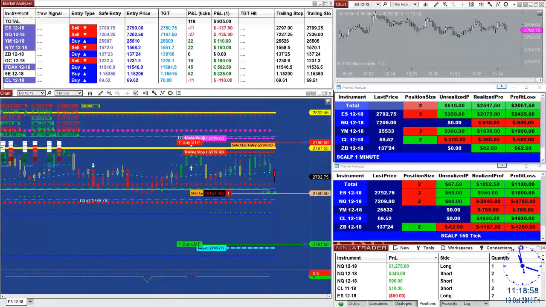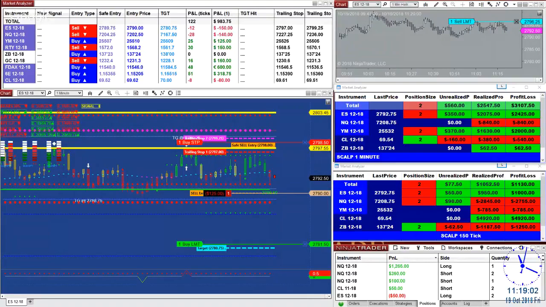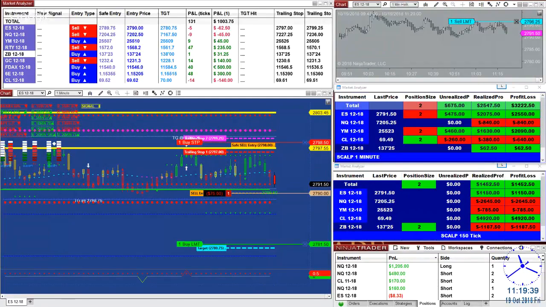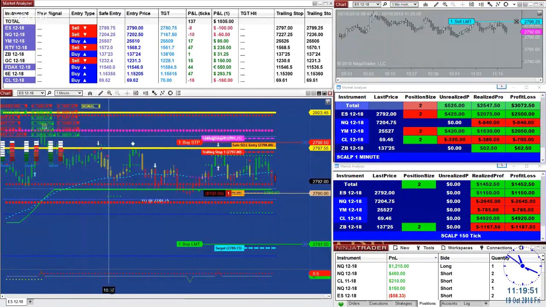Seems like the market is moving. The minute we break that area here, the 900, we're done.